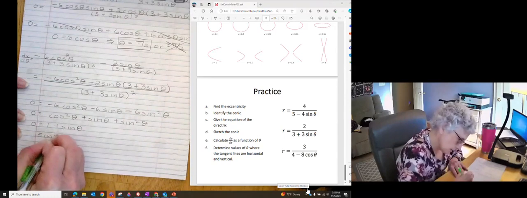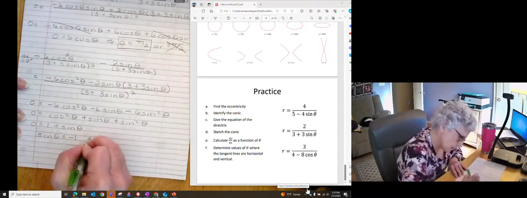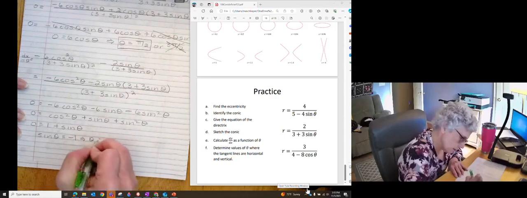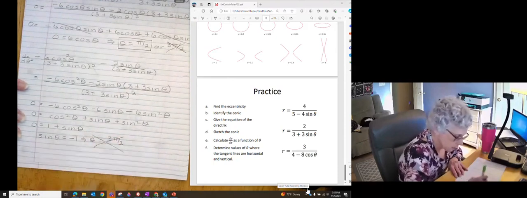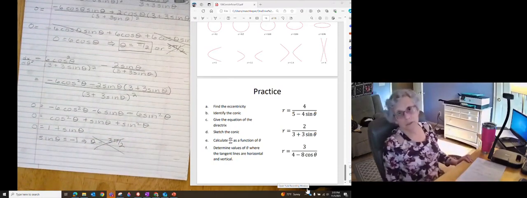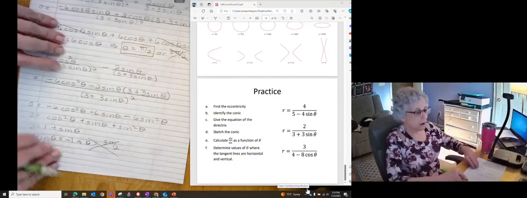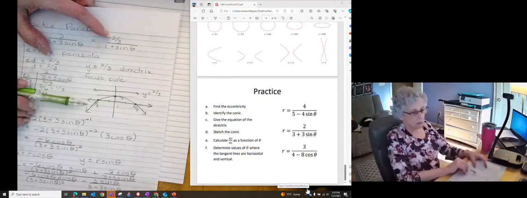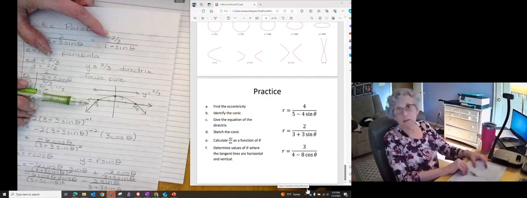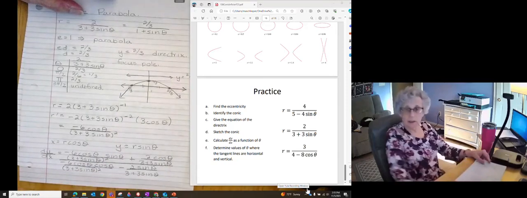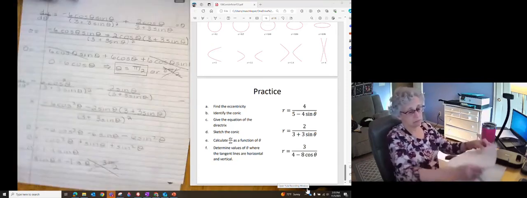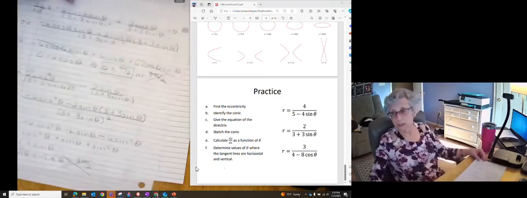So sine of theta equals negative 1. Theta is 3 pi halves. Nope. That one's not in the domain. There are no places where this parabola has a vertical tangent line. So we have one place with a horizontal tangent, no places with a vertical tangent.